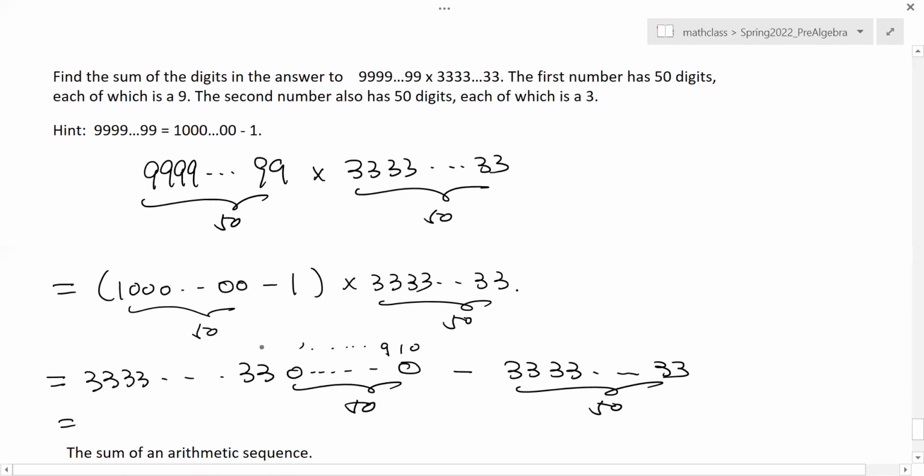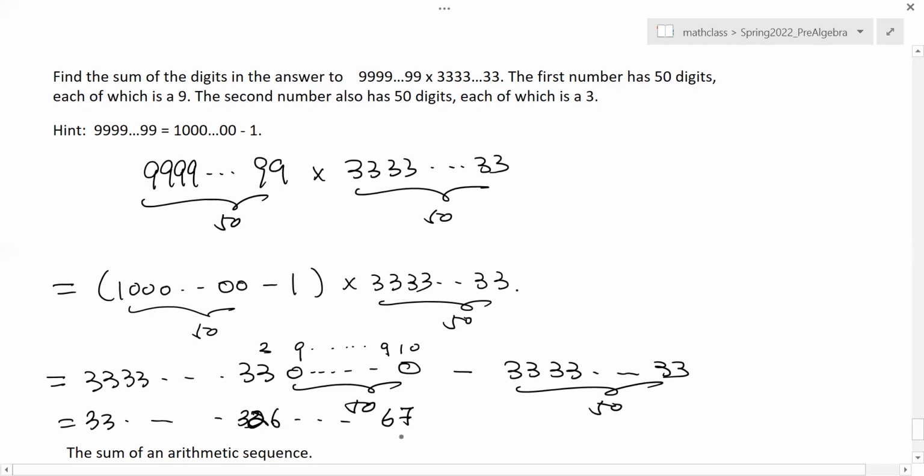You get a 9 here and you get 2 here. So you get 3, 3 all the way to 3, and then 2. And 9 minus 3 is 6, all the way to 6, and here 10 minus 3 is 7. So this will be the answer.